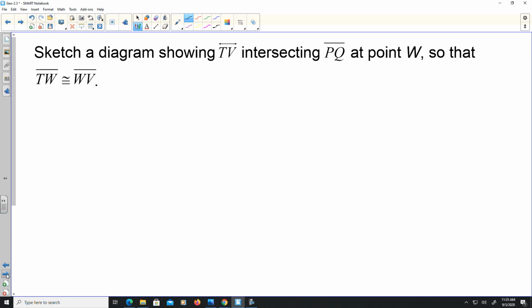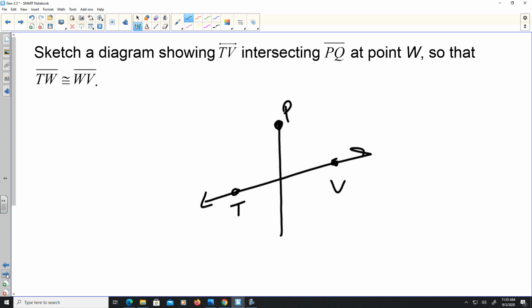So I've got a line TV right here, and a line segment PQ, and it's intersecting at point W. W is right here, and they're saying that TW is congruent to WV.